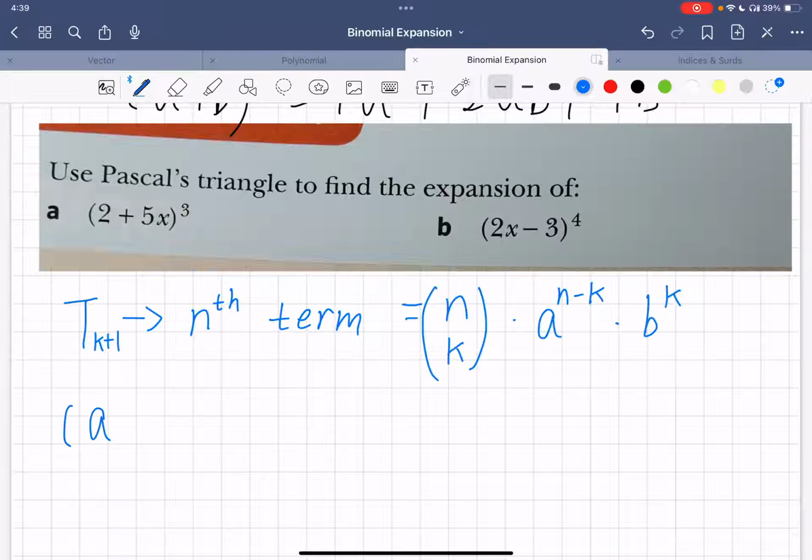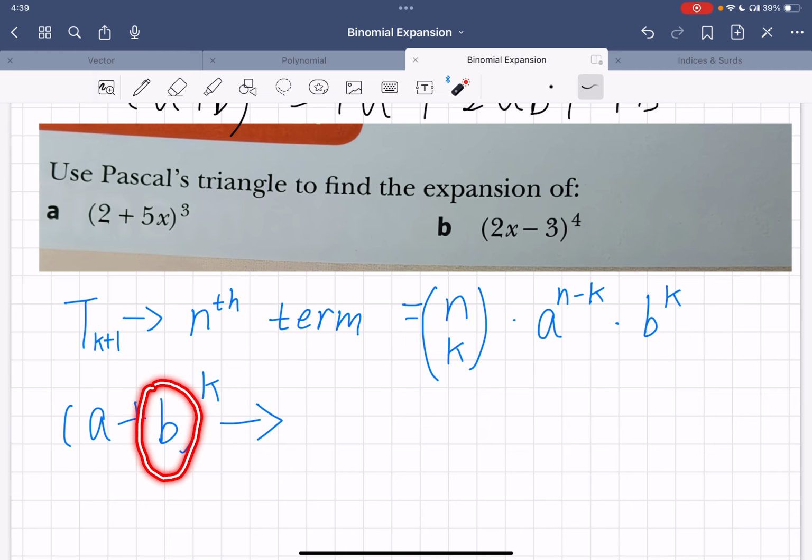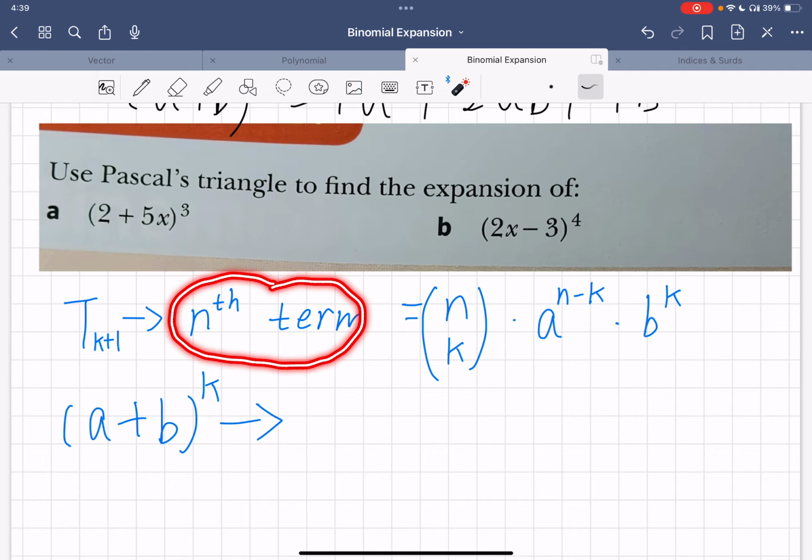For the binomial expansion (a plus b) to the power n, we are going to find a pattern, which is a relationship between the power of b and the nth term. The power of b is always one smaller than the nth term.